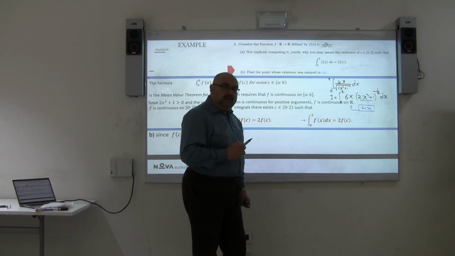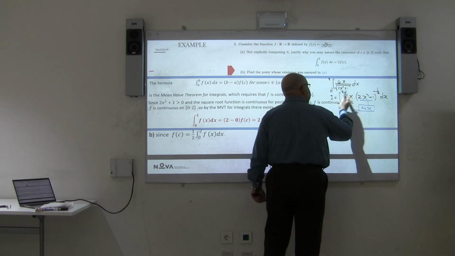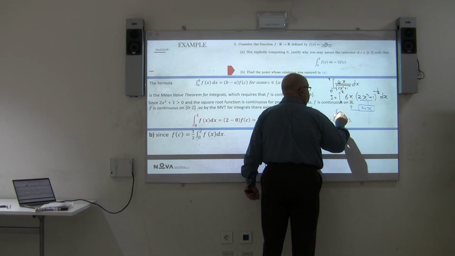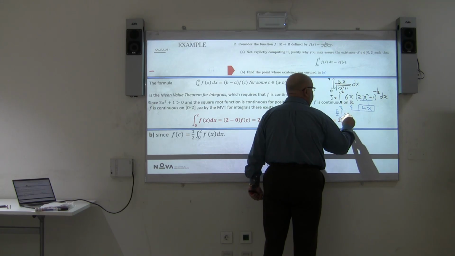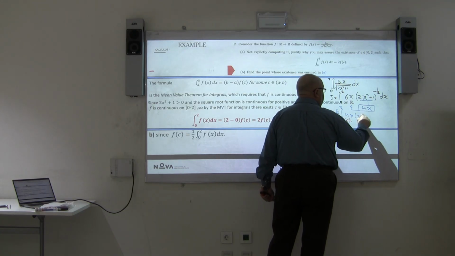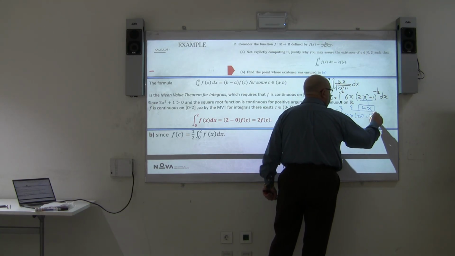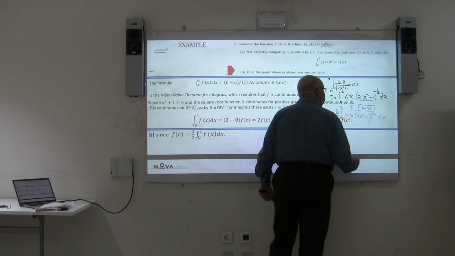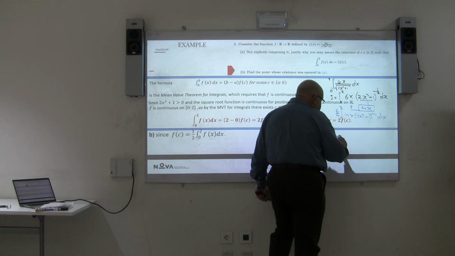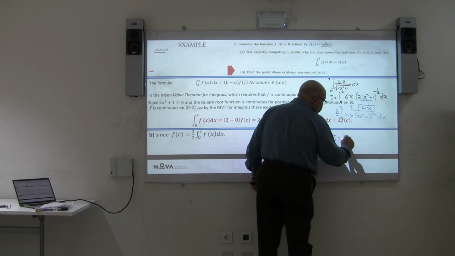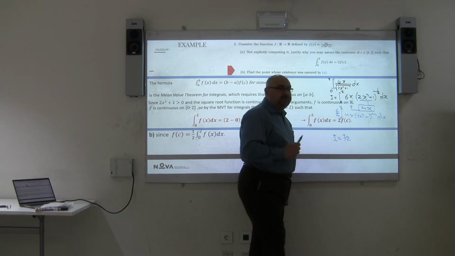We can get it by taking 6 outside, dividing by 4, and then multiplying by 4. So it's the integral from 0 to 2 of 4x times (2x squared plus 1) to the power of negative half with respect to dx. So the integration will be I equal to 3 over 2 times that.